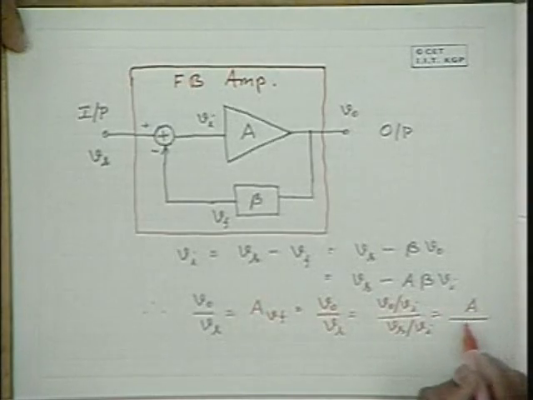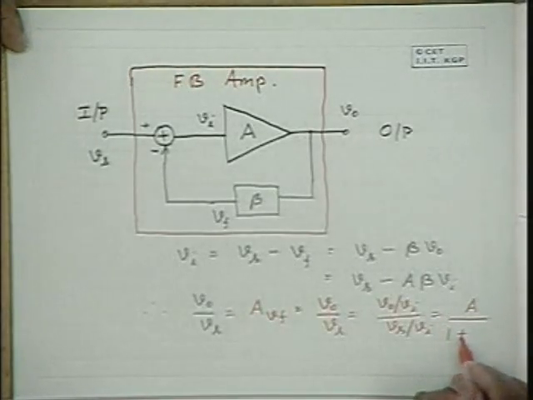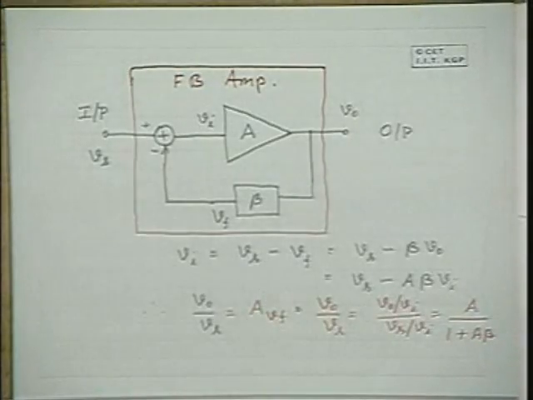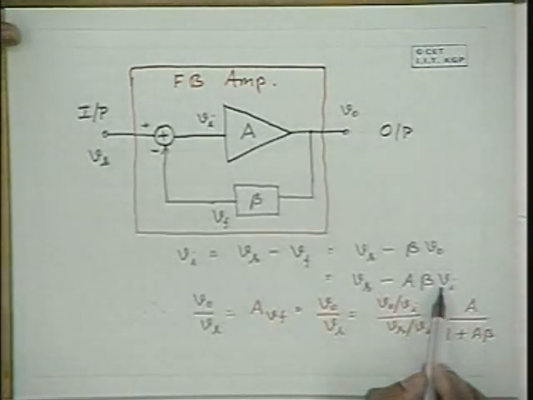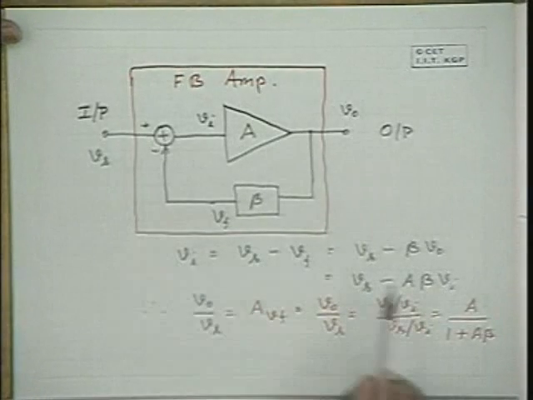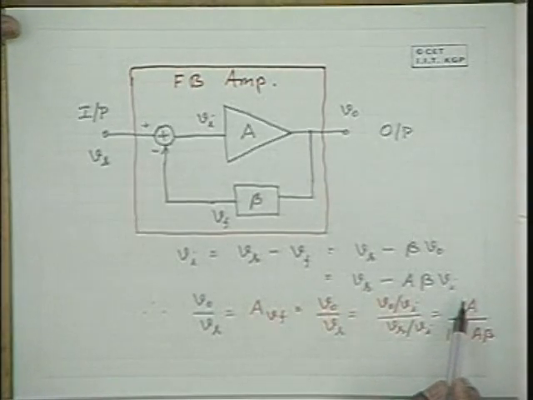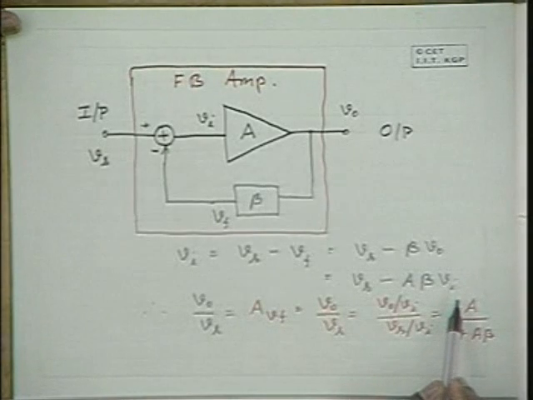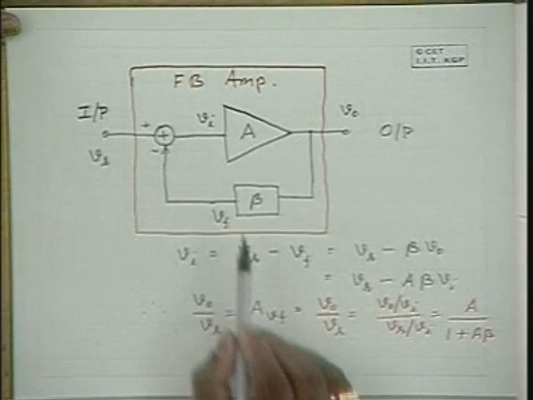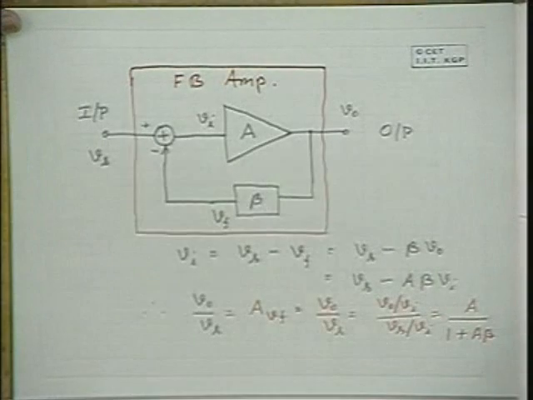Therefore, the overall gain of the amplifier is obtained from this expression. Please note that Vi is Vs minus A beta Vi. That means Vs is equal to 1 plus A beta into Vi, and V0, when expressed in terms of Vi, is A times Vi.